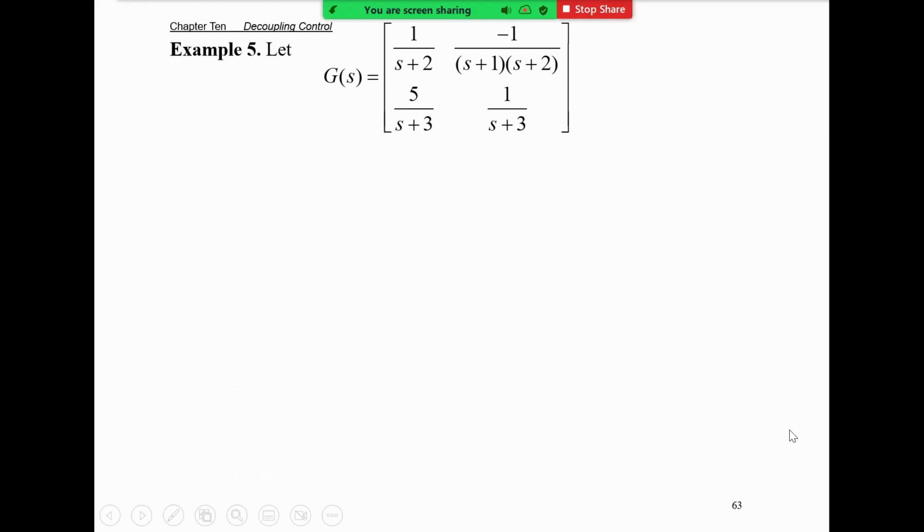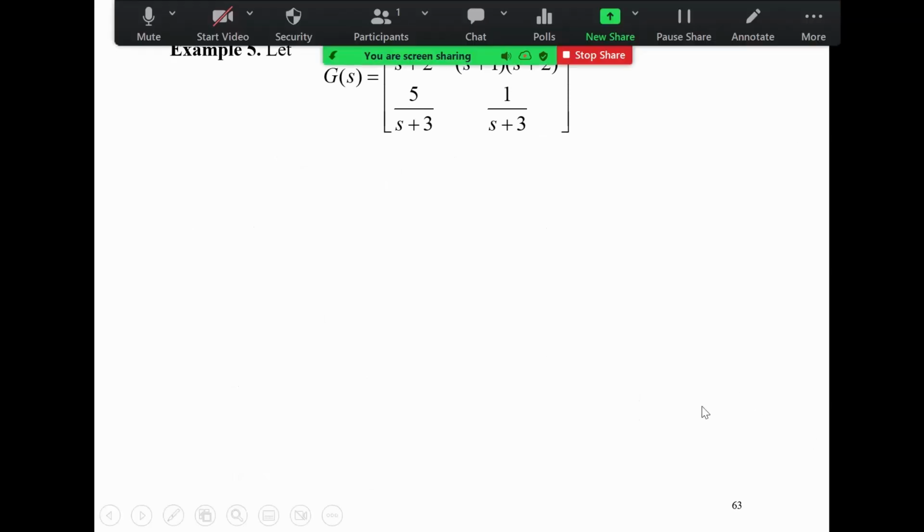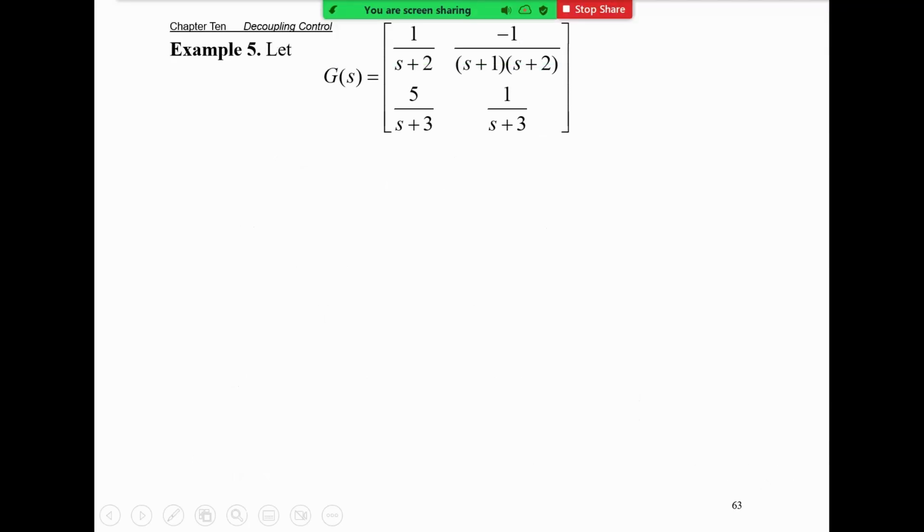Now let's use the second design for this example. If you look at this transfer function matrix, what is the least common denominator? I have S plus 1, S plus 2, and we also have S plus 3. You multiply them together.